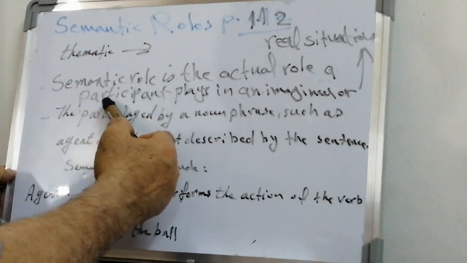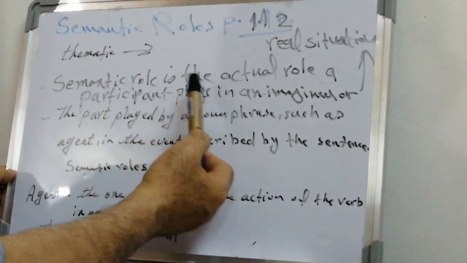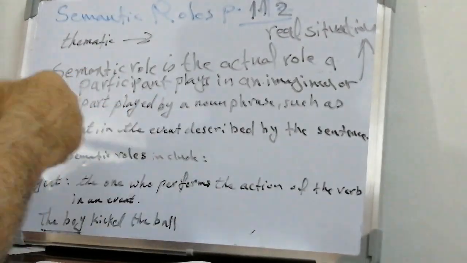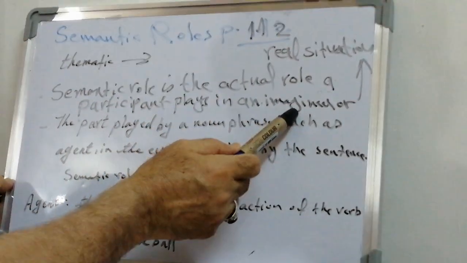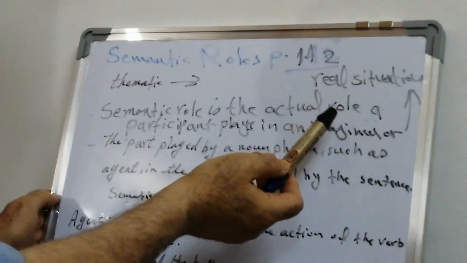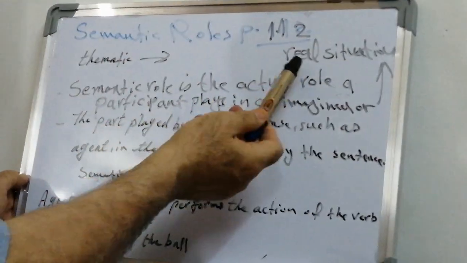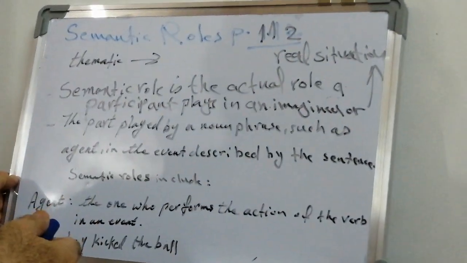A participant here, by the participant we mean the NP, as I'll show you. The participant plays in an imagined situation, not a real one but something we imagine, or a real situation.